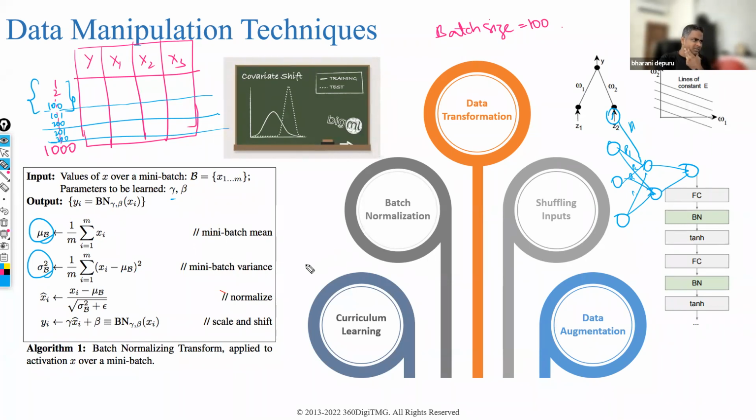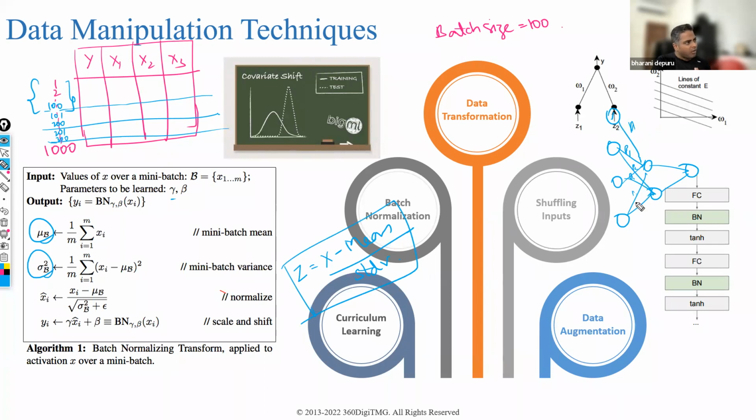How do you normalize? Each value is equal to x, the weight value, minus the mean, divided by the standard deviation. Square root of variance is nothing but standard deviation. When you do this, you get a new set of weights.